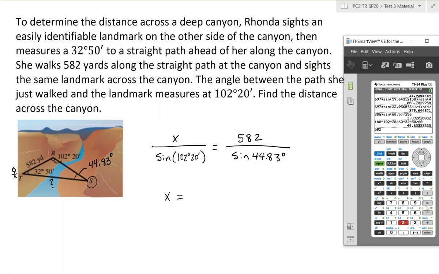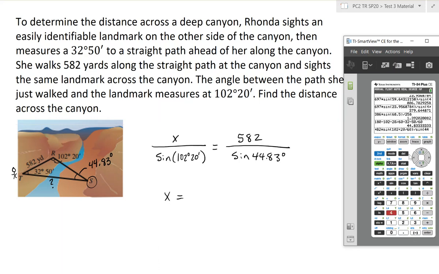So 582 times the sine of 102 degrees and 20 sixtieths, and we are dividing that by the sine of 44.